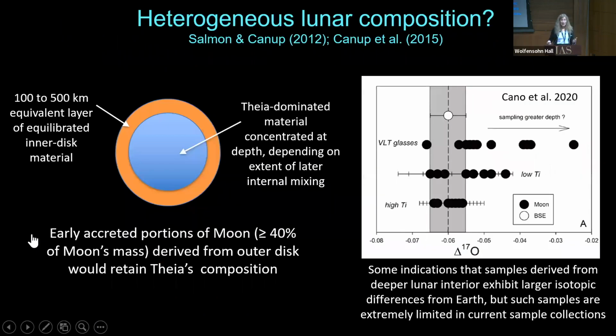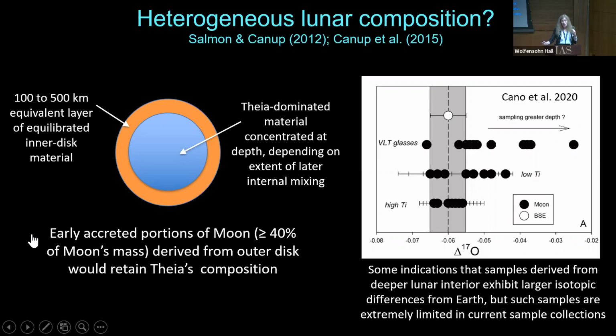And so from this came this idea that perhaps the moon's composition is heterogeneous with depth, with the first accreted inner parts of the moon more Theia dominated, and the outer portions of the moon, which are mostly represented by the samples that we have, being more equilibrated and Earth-like in their composition.